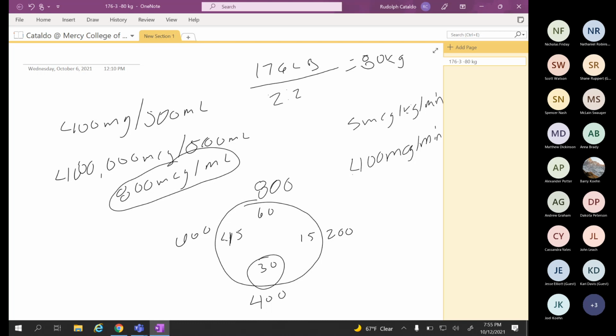But you guys are right, it is 30 drops when you put it in the clock. So your answer would be 30 gtts per minute. Good job, you caught me because I had 15. Kudos to you guys. Thanks.